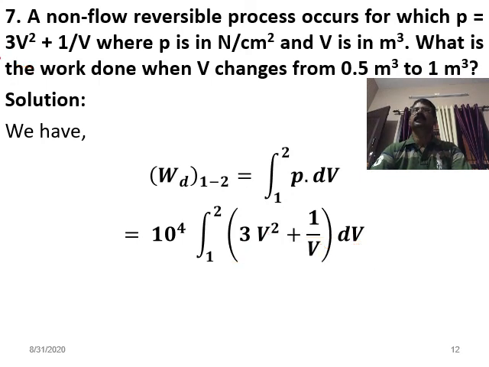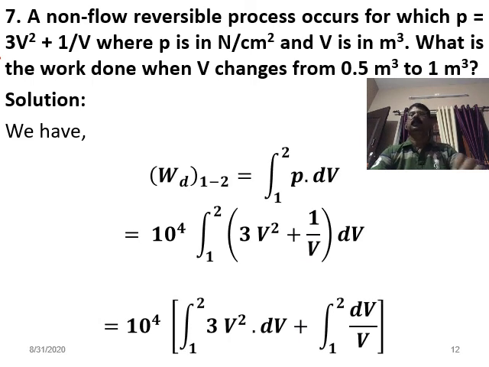In the next step, I can write 10 to the power 4 common outside the square bracket. The first integral is for 3V square, so integration from 1 to 2 of 3V square with respect to dV, then integration from 1 to 2 of 1 by V with respect to dV. This is just splitting, and it is again a basic integral operation, so I need not stress much on that.